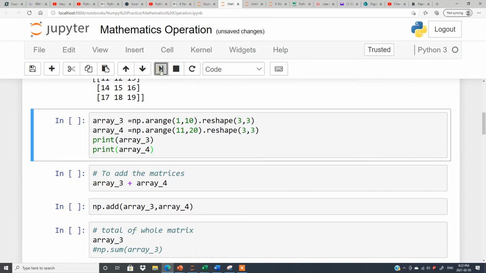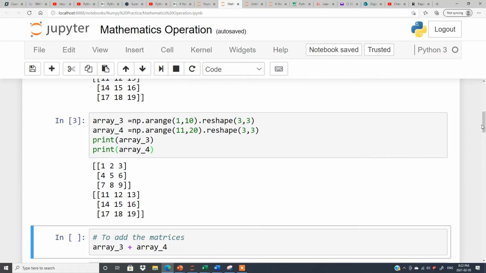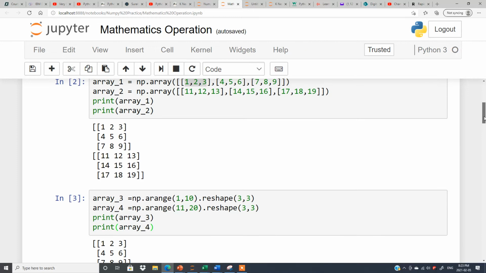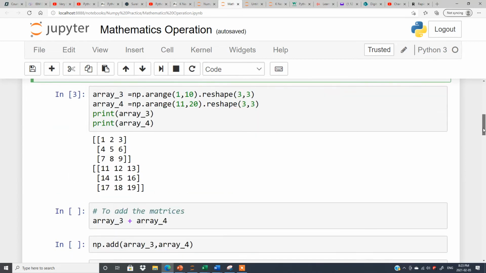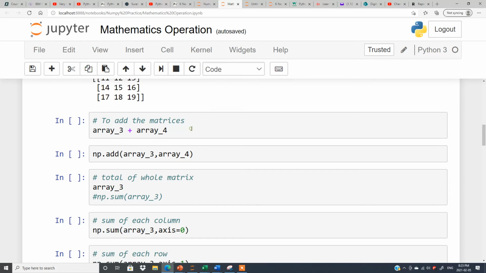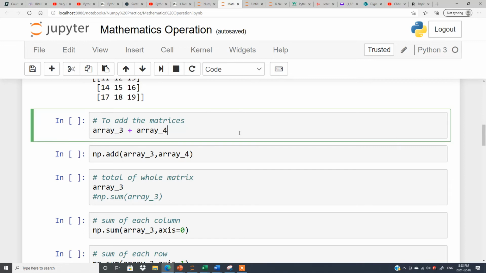So when I execute it, you will see the same output, right? If you want, you can write it like this, or like this. But if you want some other numbers not in a sequence, then definitely you have to use the first method to make your matrix.